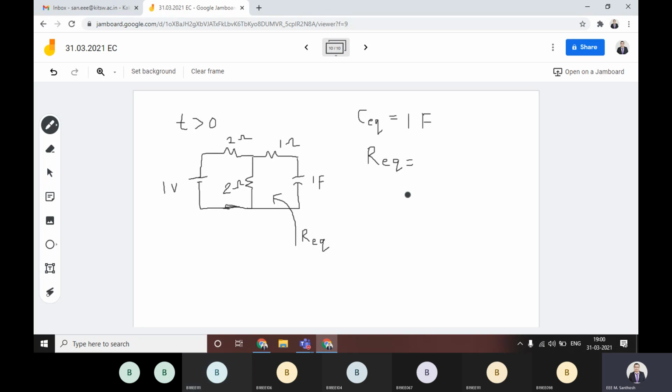Here, when you are calculating R equivalent, the voltage source is a short circuit, right? Then the two 2 ohm resistors are connected in parallel, which gives 1 ohm. That 1 ohm is connected in series with the other 1 ohm, so that means 2 ohms.